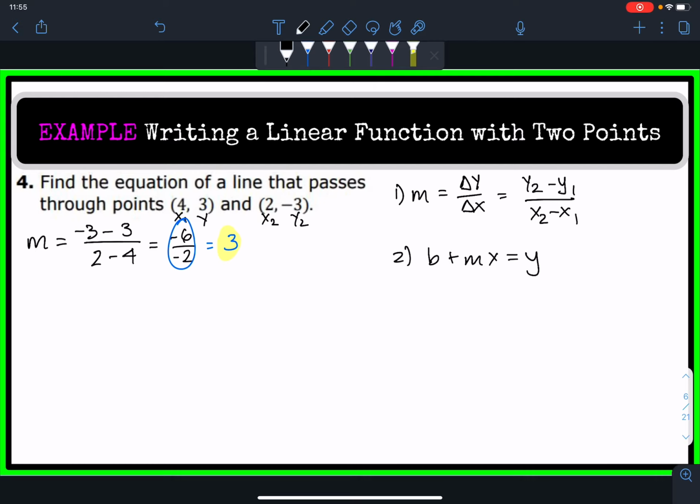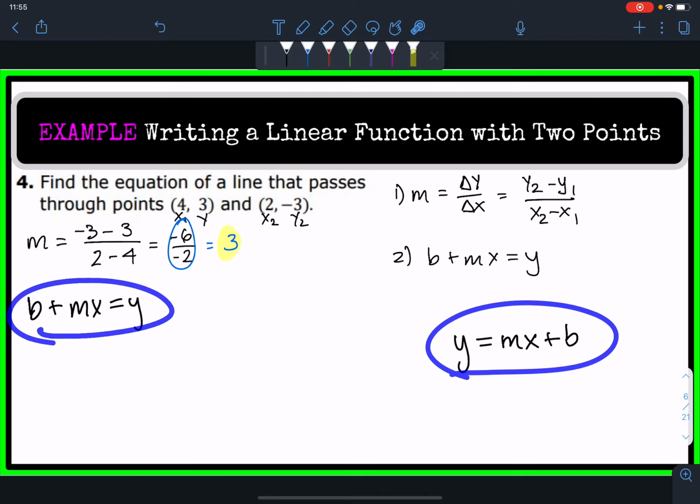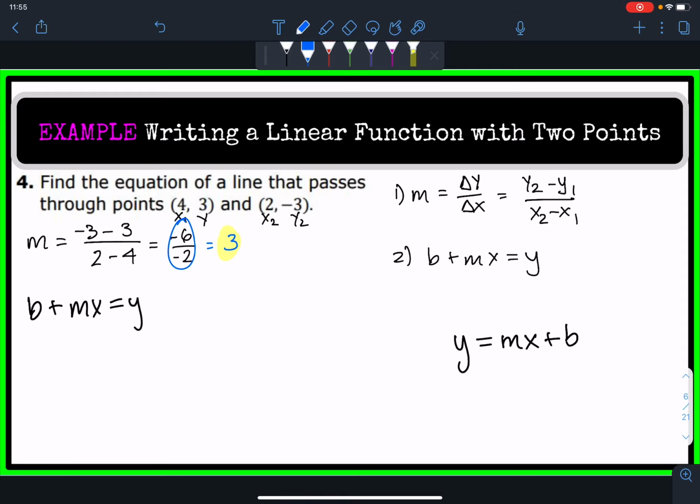Now to figure out the b value, in the formula y equals mx plus b, I am simply writing it backwards, and plugging in the corresponding values.